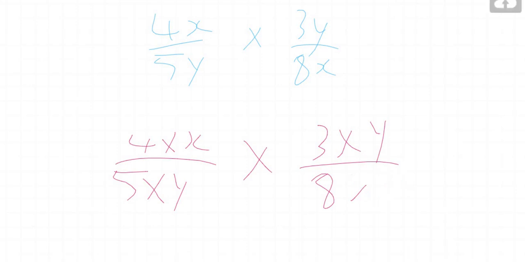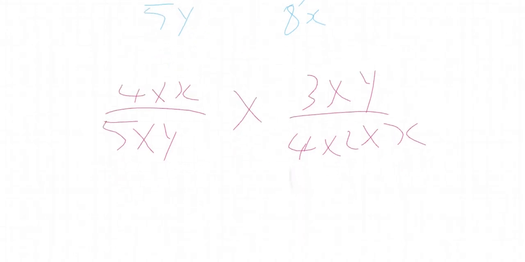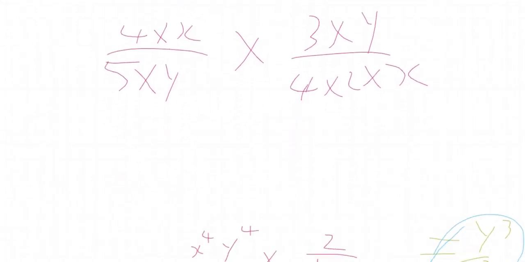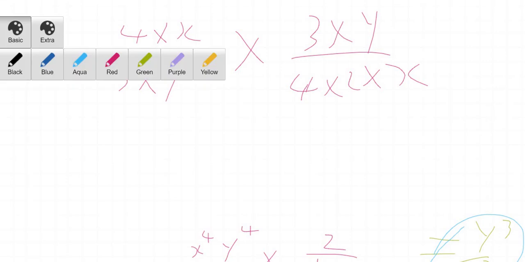We could say 4 times 2 times x. That will still give us 8x. So it doesn't matter, as long as it is in an equivalent form, then you will see you're getting back the same thing. So we could go ahead and cancel now.